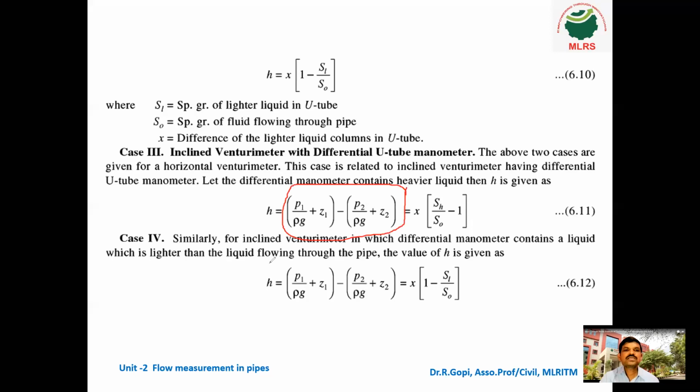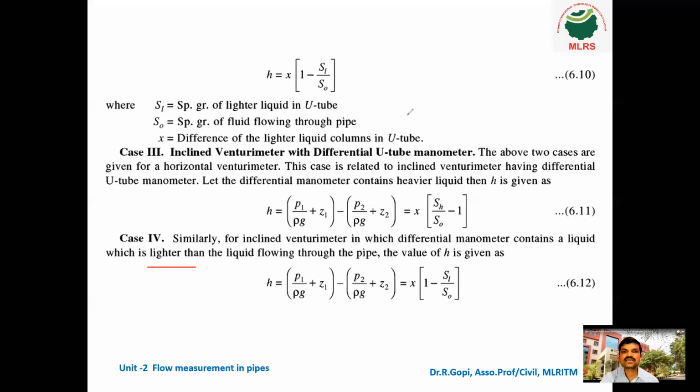Similarly, for an inclined venturimeter in which the differential manometer contains a liquid which is lighter than the liquid flowing through the pipe, as in our second case, the value H is equal to P1 divided by rho g plus Z1 minus P2 by rho g plus Z2, which is equal to X into 1 minus SL divided by S0.